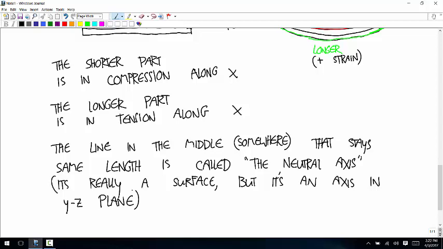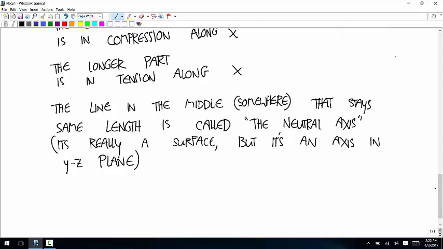So that's why we call it the neutral axis. And when you're on this neutral axis, the XX stress is equal to 0. There's no lengthening or shortening, so there's no normal stress.